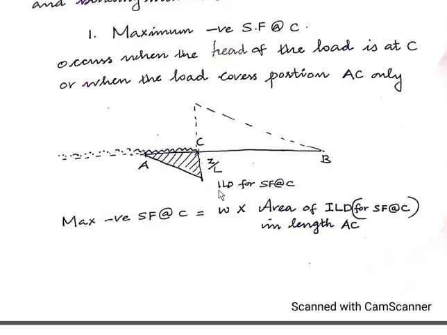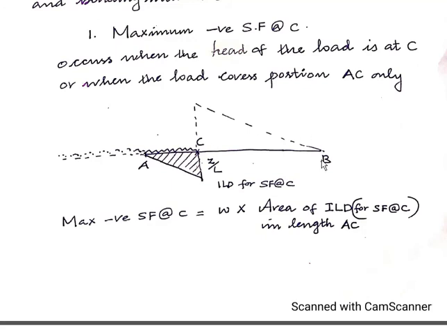In the ILD, you can see here the ILD ordinate also we know. The negative maximum ordinate is Z by L. So the maximum negative shear force at C value is the load intensity W into the area of ILD in the length AC. That means the area of the shaded portion.